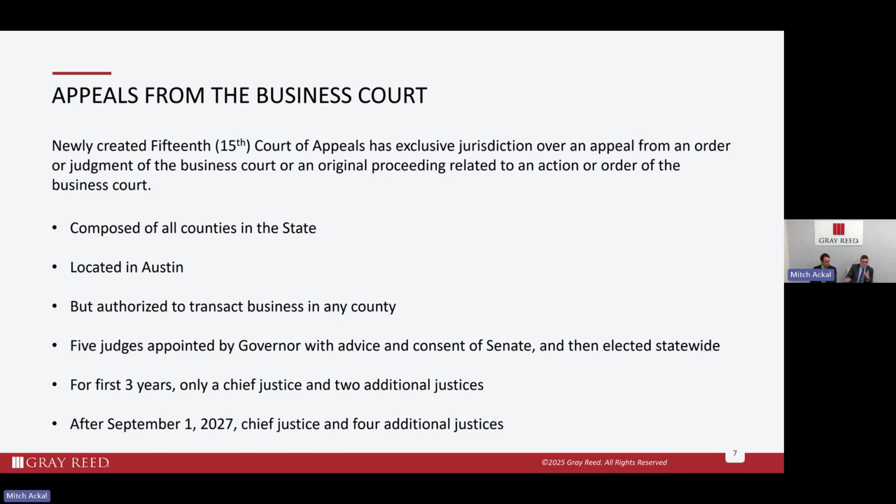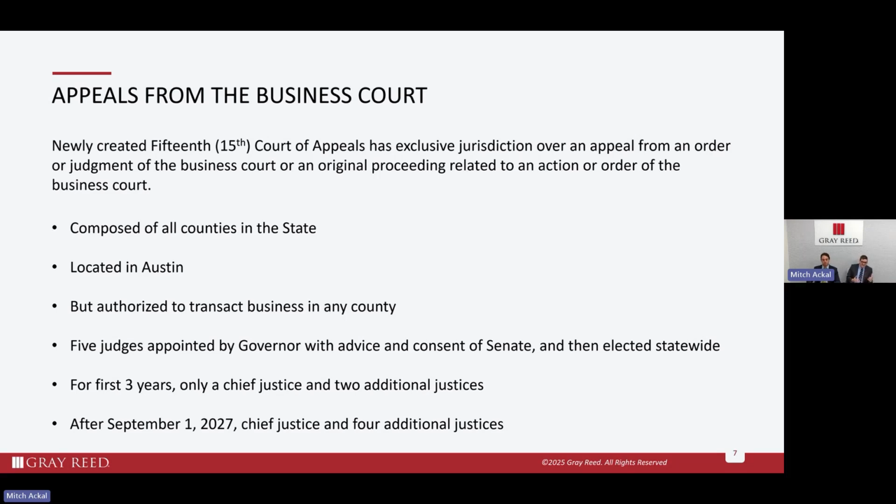For the business court and the 15th Court of Appeals, just logistically, the business courts have decided that currently they're using a website called Research Texas as kind of their portal for their clerk, for their opinions and court documents, instead of having a separate county court document depository. And court document filings are currently free on Research Texas.